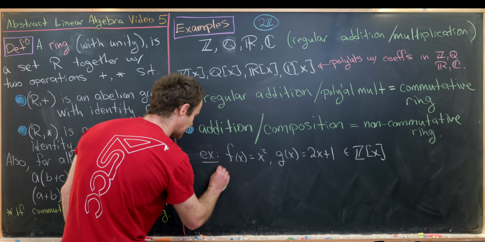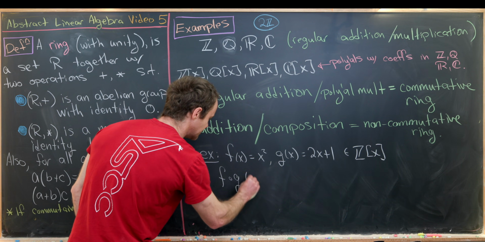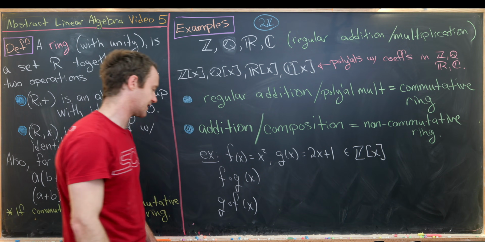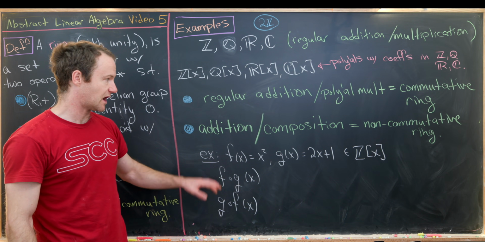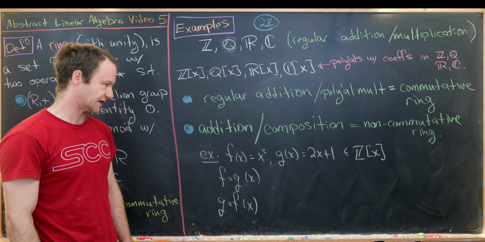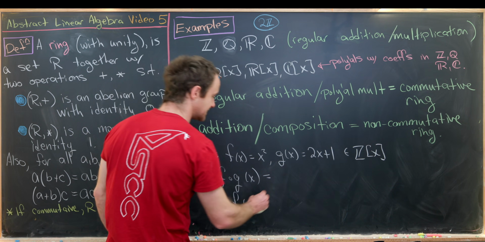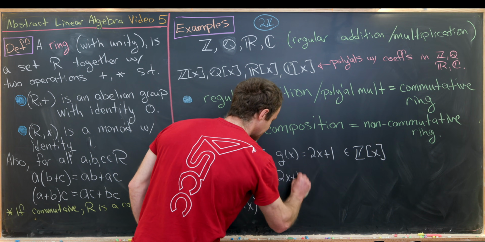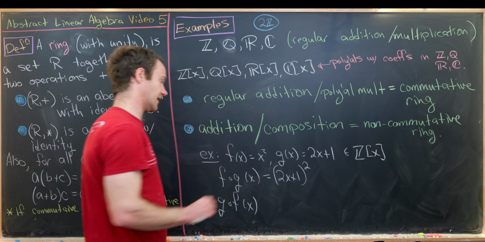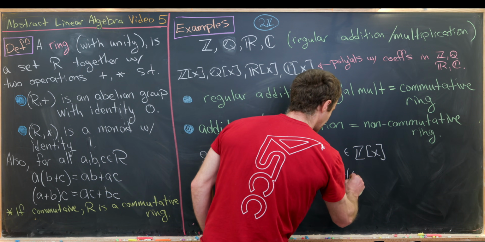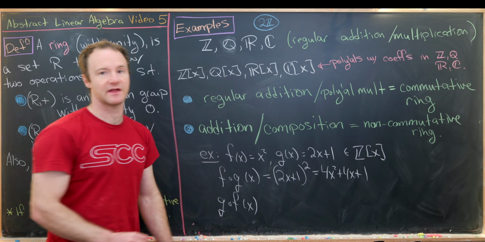And now let's look at f composed with g of x versus g composed with f of x. So here we're taking composition to play the role of multiplication. So notice f composed with g is exactly (2x plus 1) squared, but that is equal to 4x squared plus 4x plus 1 if we were to multiply that out.